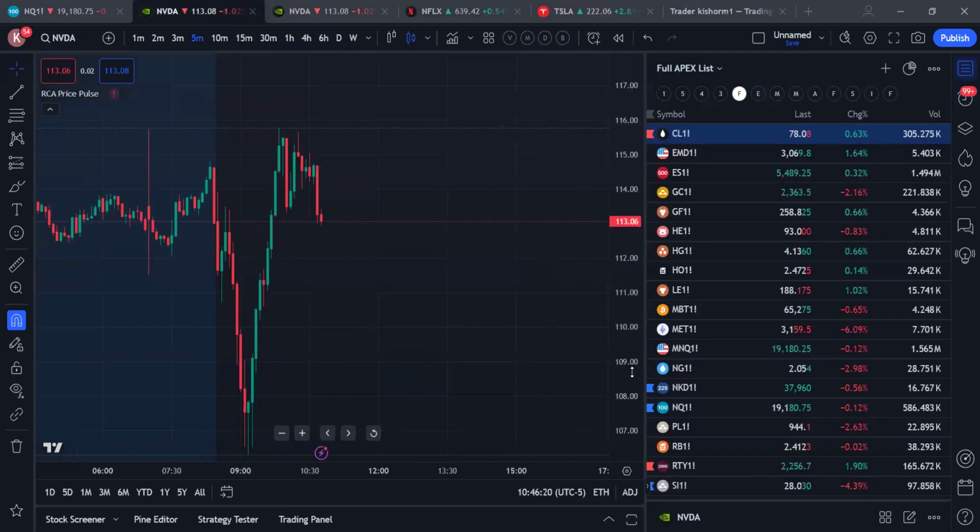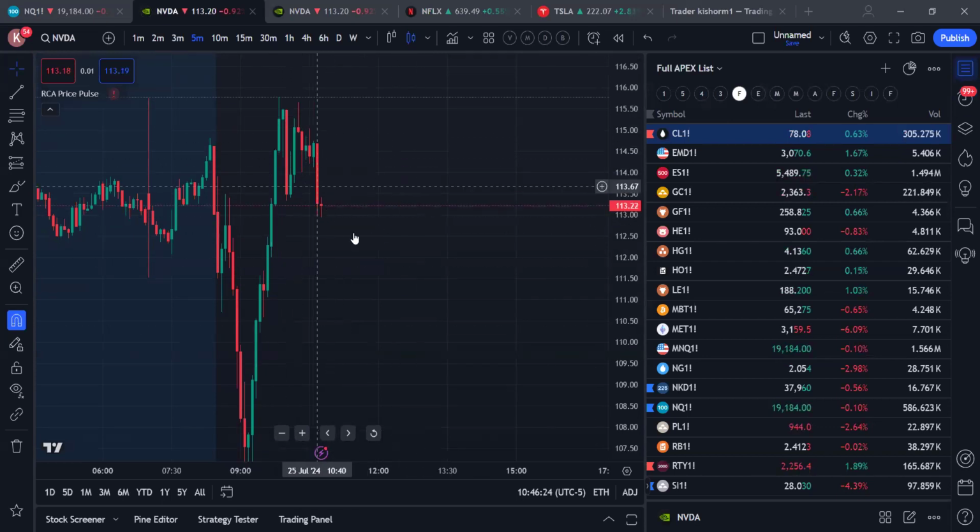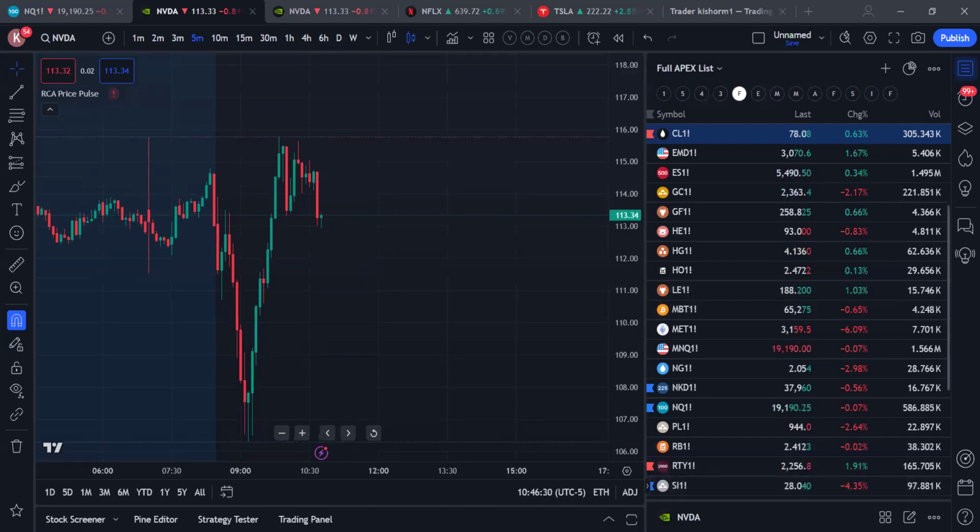Nearly a $2 drop. We bought the puts, we sold the calls. Both made nearly $1,000 with just a small size.